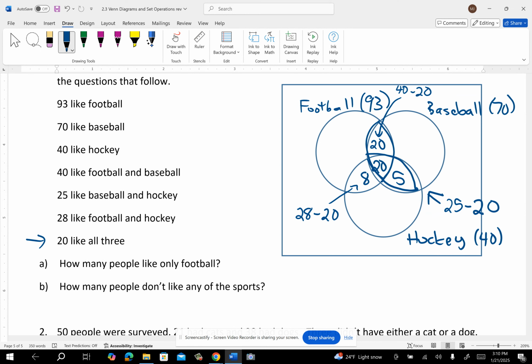Okay. So now I can fill in this region, because I can take the 93 and subtract the 20 and 20 and 8, the 48. And when I do that, that tells me there should be 45 people right here. And think about it, those people like football and nothing else. For this region, I know there should be 70 in the whole entire circle, and I've already got 45 in that circle.